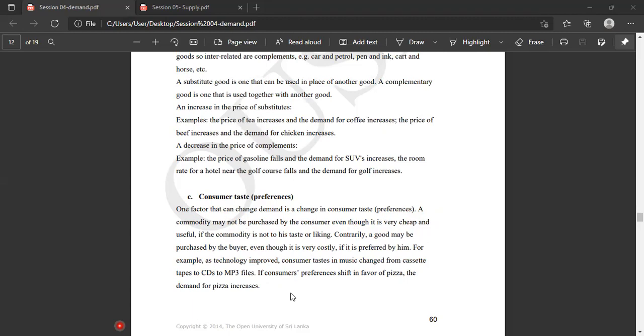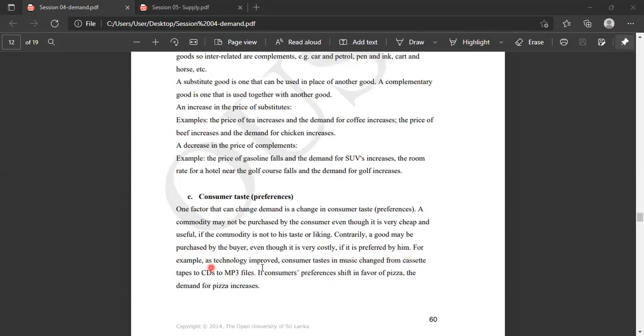First of all, we should have the preference to buy that. Contrarily, a good may be purchased by the buyer, even though it is very costly, if it is preferred by him. So a person likes a product, even though the price is higher, he will buy. That's the consumer taste.